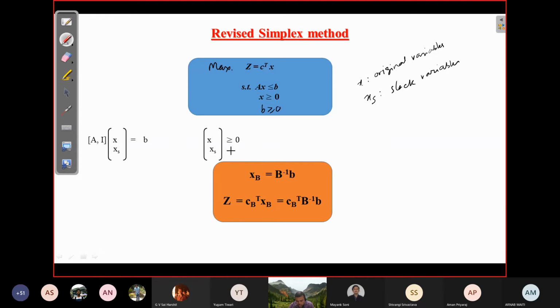This is nothing but the first table of simplex, where all the slacks form an identity matrix because you have only one slack for each less than or equal to constraint. Is this clear? Why I am writing [A I] [x xs] equal to b and x, xs greater than or equal to 0? Yes, sir. Okay, fine. So this is the augmented form.